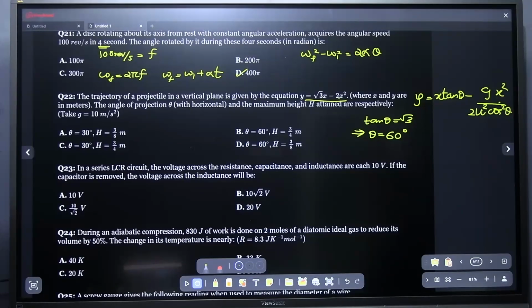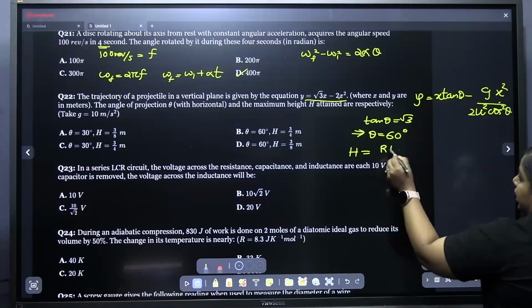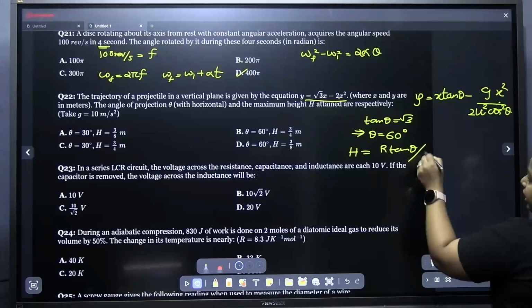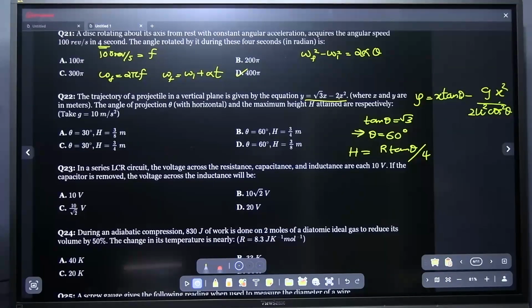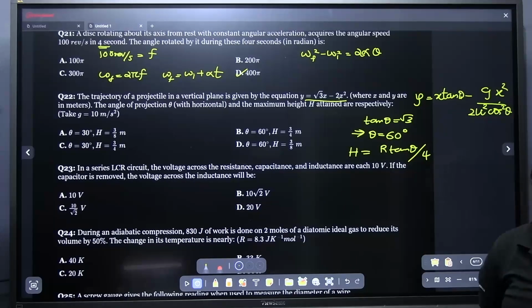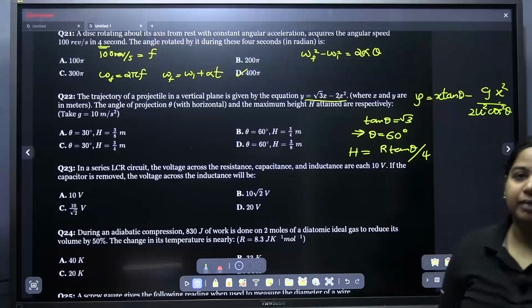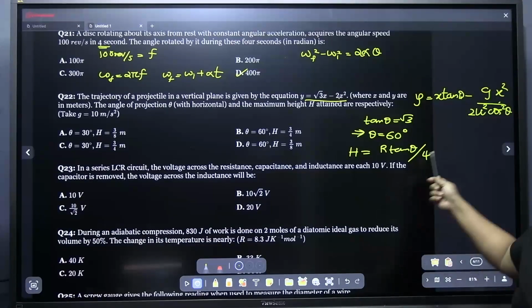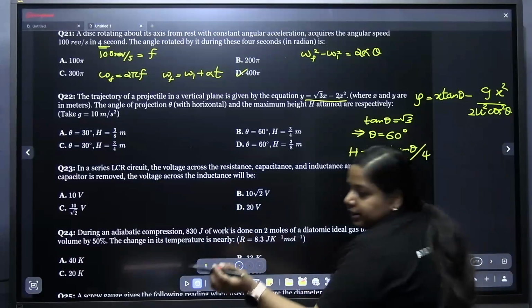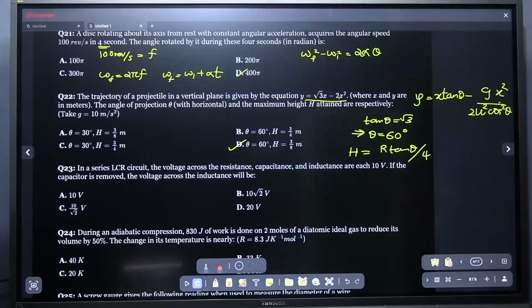Now we have to find H. For H we have this equation, H equal to R tan theta divided by 4. This equation you can easily derive using the relation between H and R. Then yes, correct, Supriya, the answer is option D, H equal to 3 by 8.